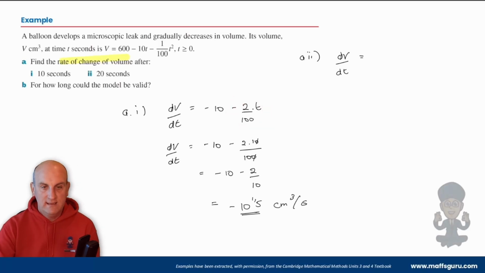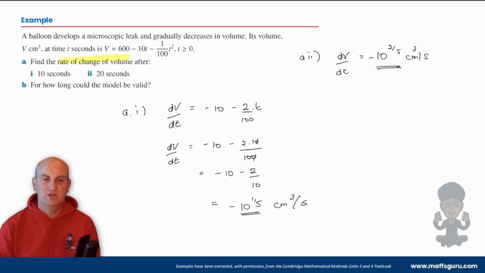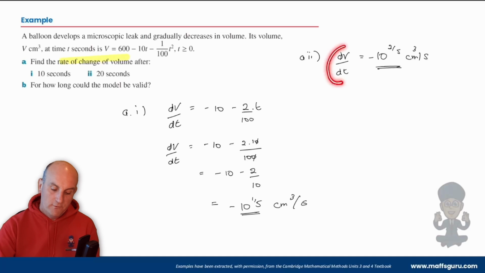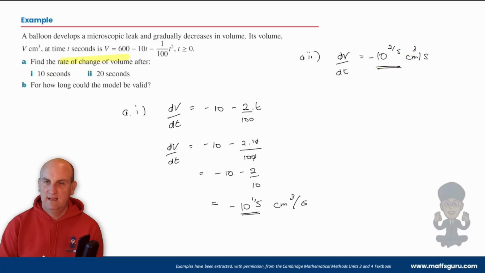And what's going to come out, shortcutting this, is going to be basically minus 10 and 2/5 centimeters cubed per second. So that minus sign basically means it's decreasing. That sort of makes sense, doesn't it? Because my balloon has got a leak, and so my volume should be decreasing as the air is escaping. It should have a negative value.